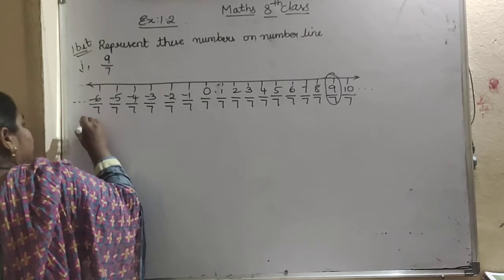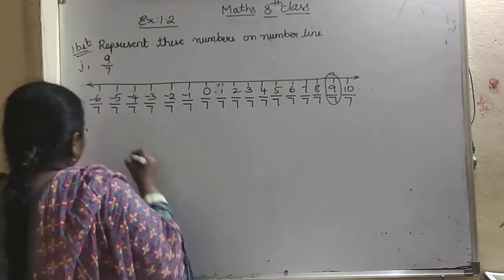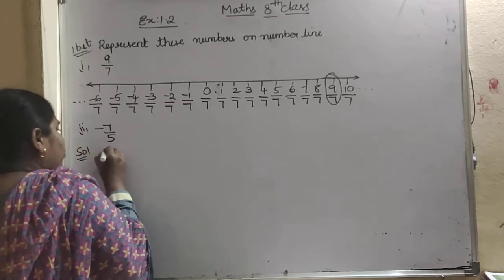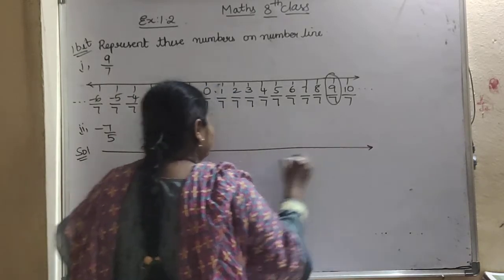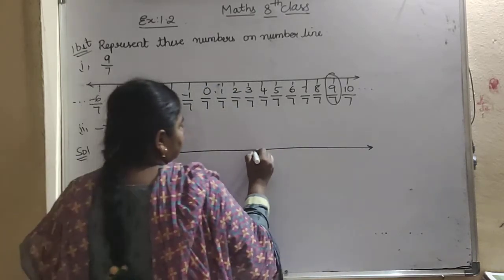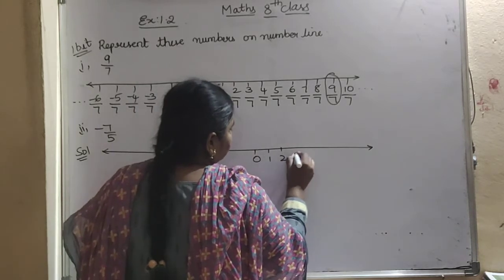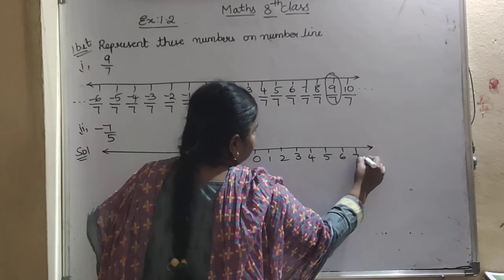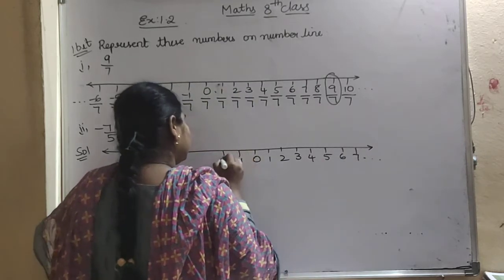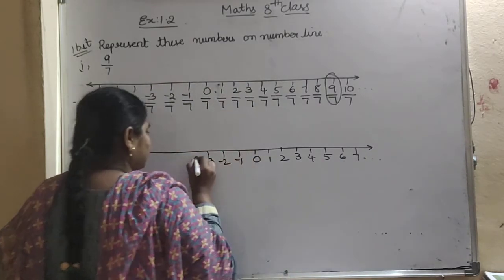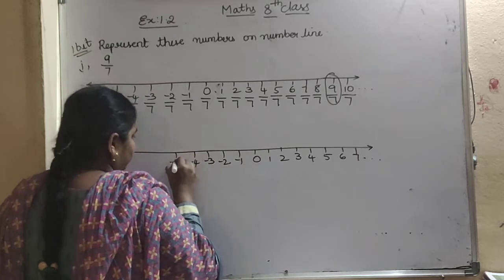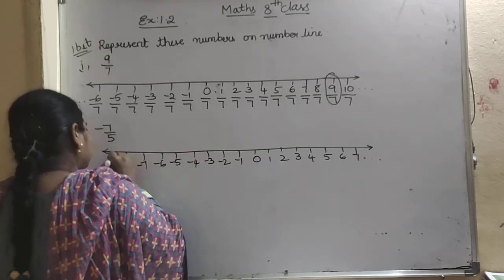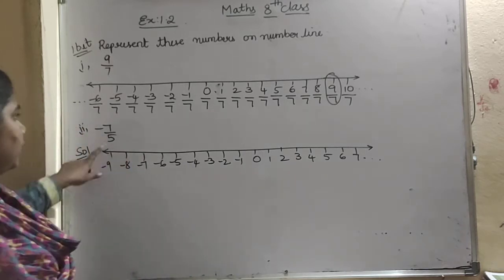So second one, -7 by 5. So again draw a number line. And what is the denominator value?